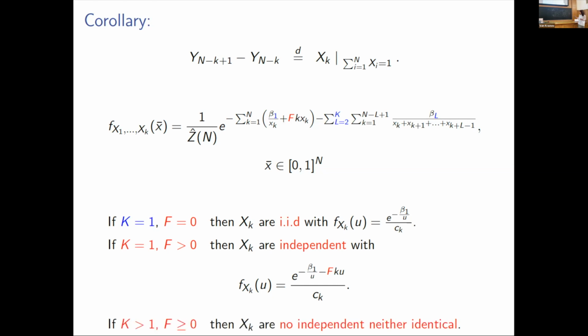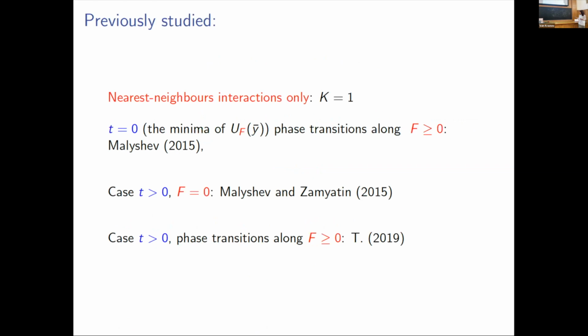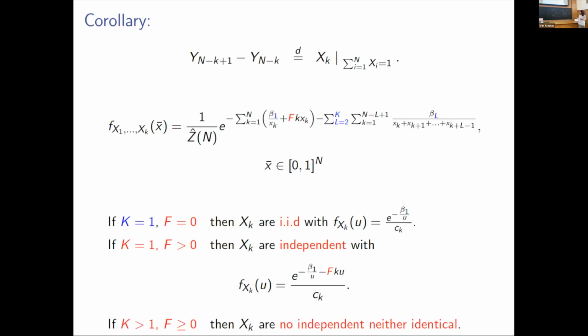However, when k is greater than 1, then no matter what f is, even if f is 0, the X_k's are not independent anymore. That's the interesting thing: going from nearest neighbors interaction to the next order of interaction changes completely the picture. And even intuitively, physically, it seems like there is nothing really different.